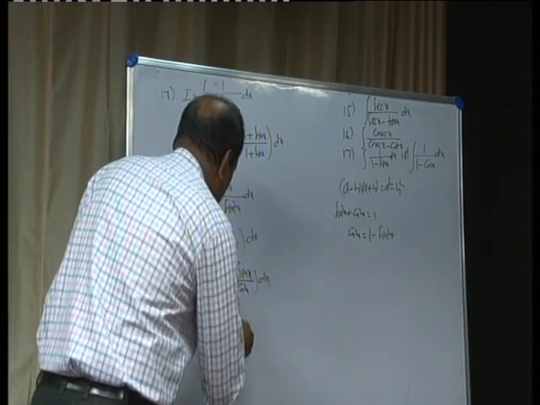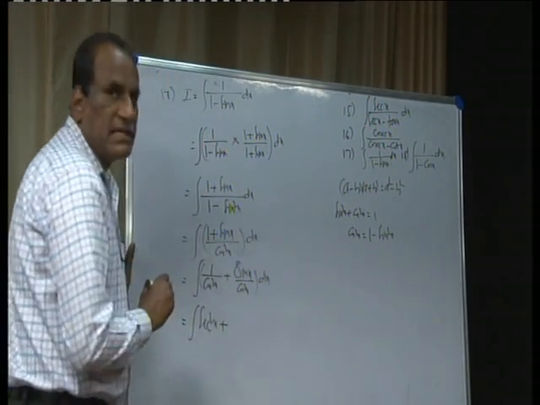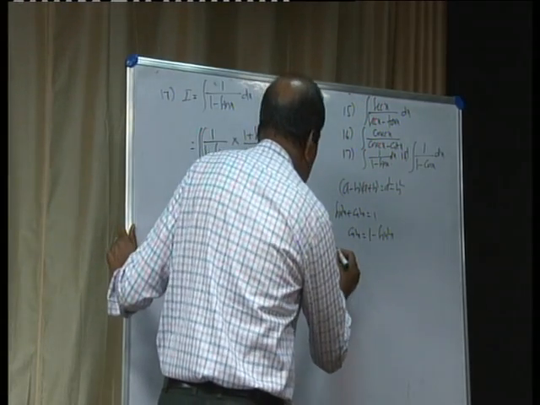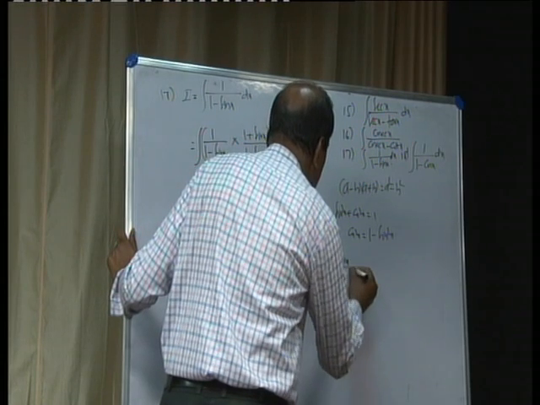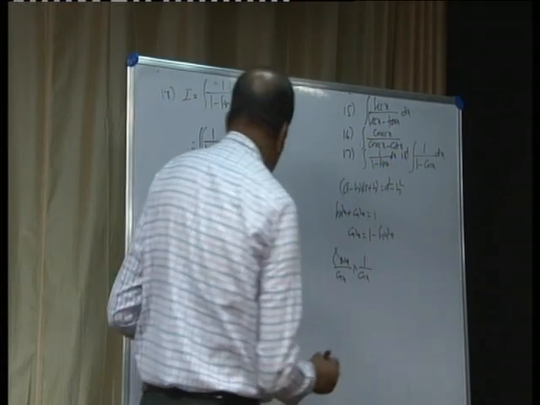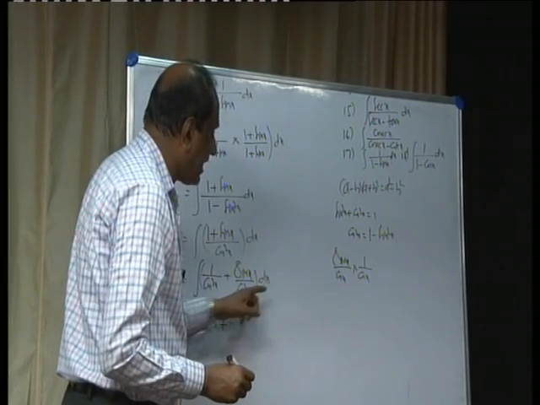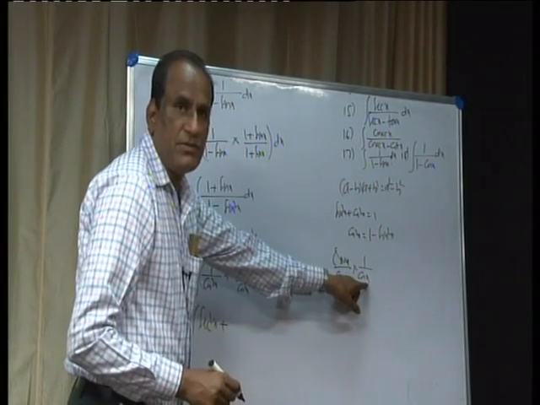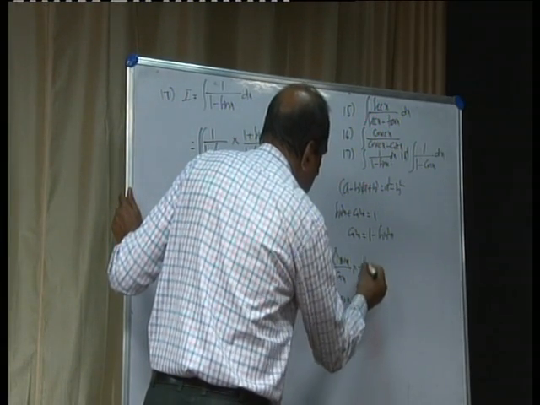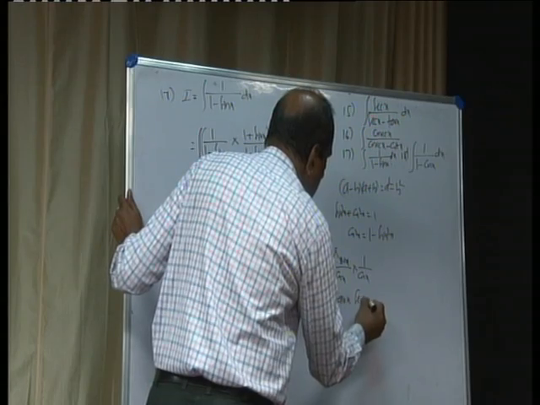Observe here, sin x by cos square x can be written as sin x by cos x into 1 by cos x, since cos square x is cos x into cos x. Sin x by cos x is tan x, and 1 by cos x is secant x.